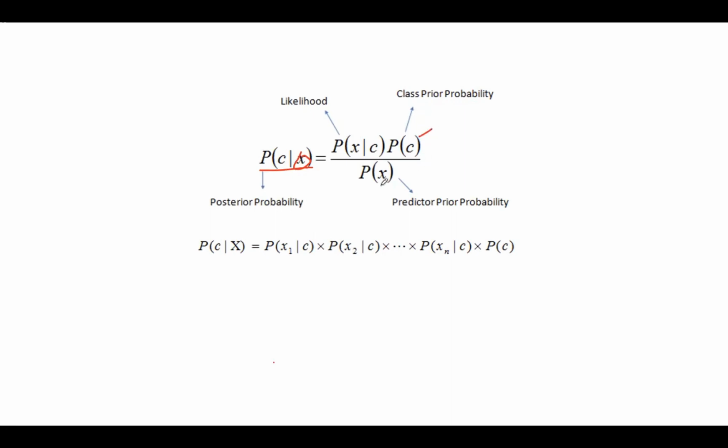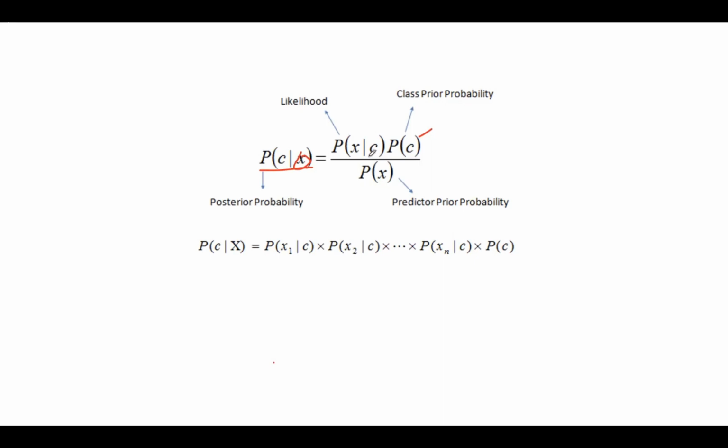P of X is the probability of event X occurring. And P of X given C is the conditional probability of event X occurring given event C.